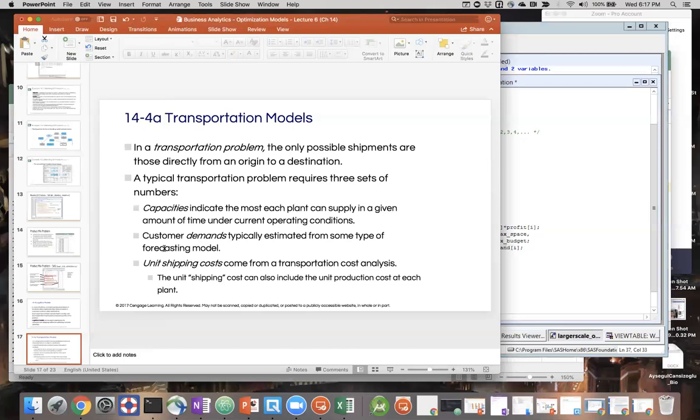Many companies, like the retail companies, UPS or FedEx, and the airlines, like the plane scheduling, which gate is going to be assigned to which plane, those are all optimization related problems, and they are very similar to these applications. Especially transportation is one of the common ones. And actually companies save lots of money by running optimization models for their transportation problems.